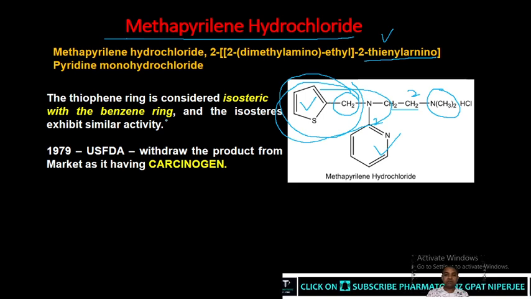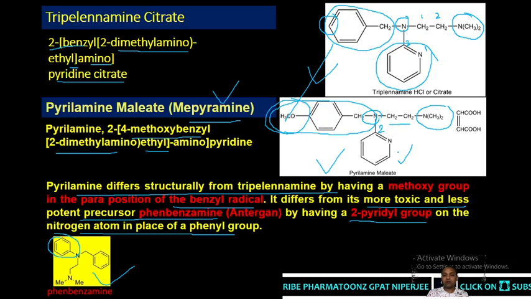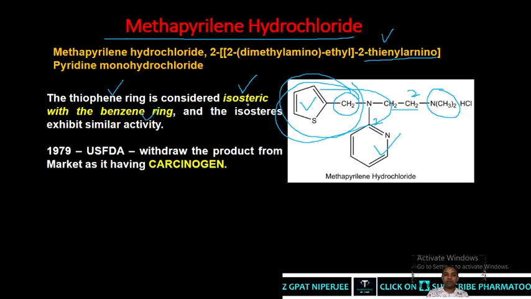So in methapyrilene, the thiophene ring is considered isosteric with the benzene ring. Whatever benzene ring is present in the structure of pyrilamine, which is called mepyramine, and in tripelennamine, here this phenyl ring is replaced by the thiophene ring, which is called isosteric replacement. Isosteric means it exhibits a similar activity.